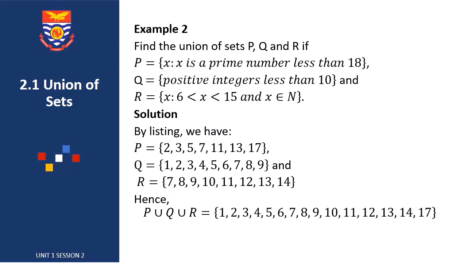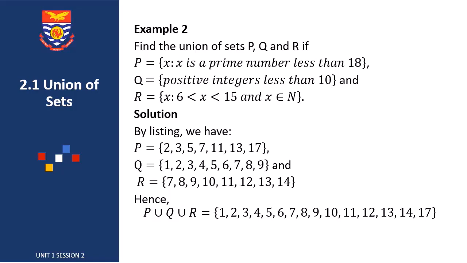Now we are going to combine these three sets to find a new set which we are calling the union of the three sets. So P union Q union R is equal to 1, 2, 3, 4, 5, 6, 7, 8, 9, 10, 11, 12, 13, 14, and 17.